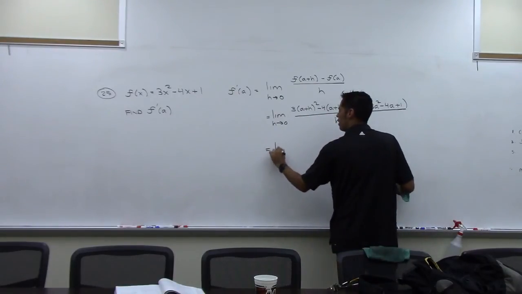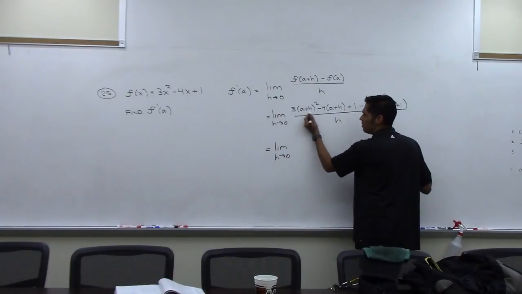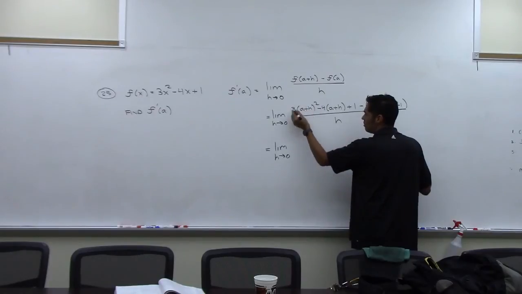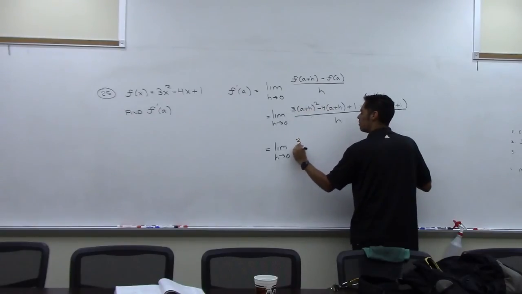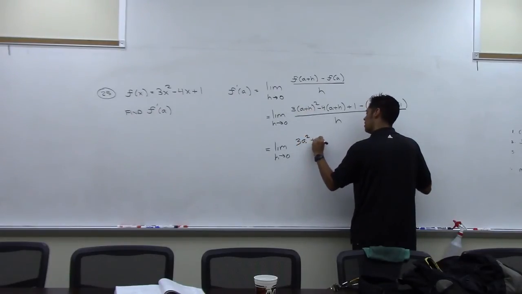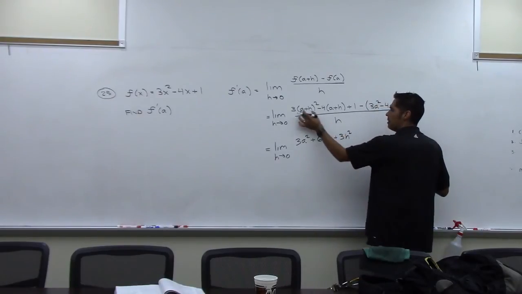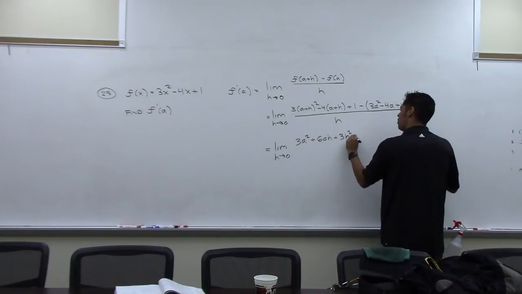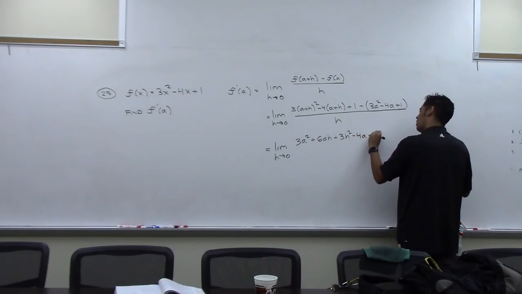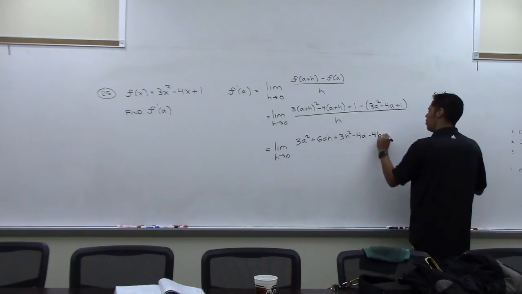And now limit h goes to 0. All right, if you expanded this out, you could do that, and then you distribute a 3 through. You would get 3a squared plus 6ah plus 3h squared. That would be this. Now distribute a negative 4 through, negative 4a minus 4h, and then plus 1.